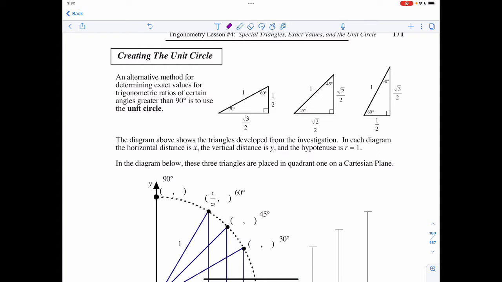All right, now we're going to use those special angles and special ratios that we calculated to create the unit circle.